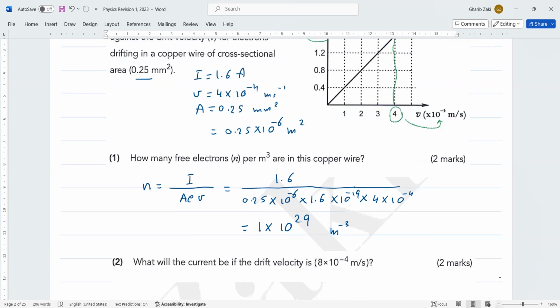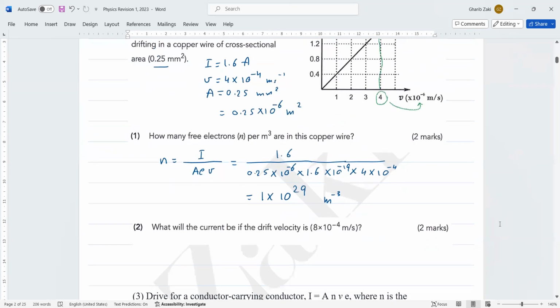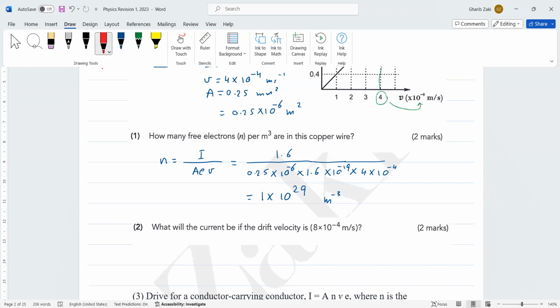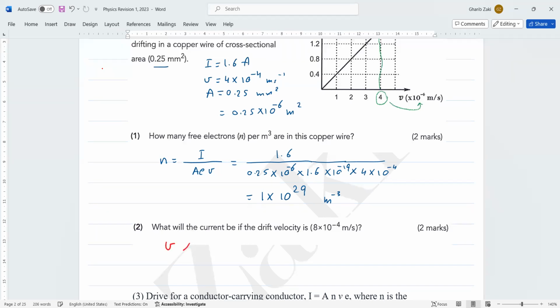Next question. Try to think of the next question, please. What will be the current if the drift velocity equals 8? In that question, you have two ways to solve. The first way is a long way: just return back and use the same given for the drift velocity, the current, the area, and the other things. But the second way is shorter. We know that from the graph, the drift velocity is directly proportional to the current.